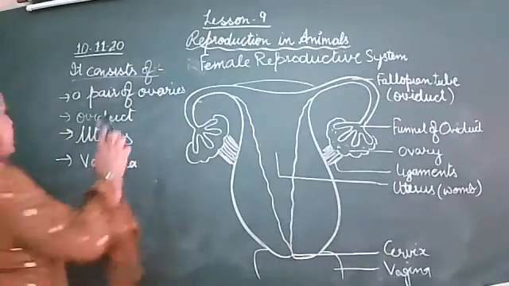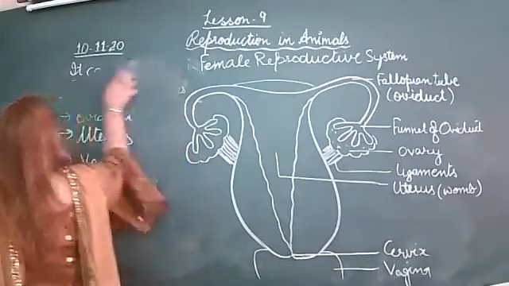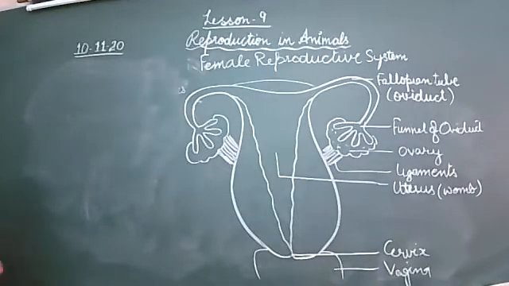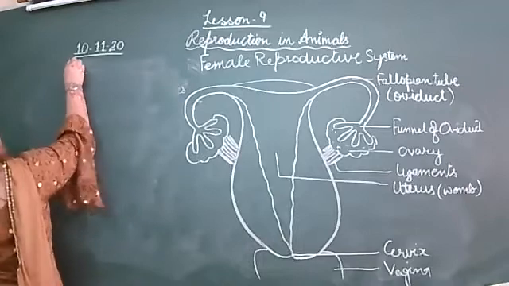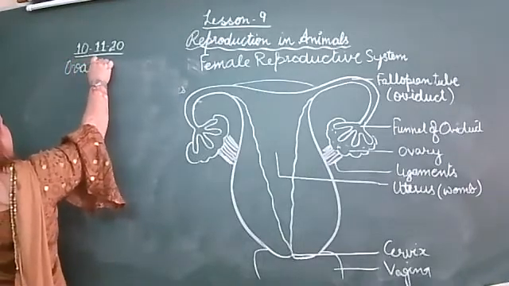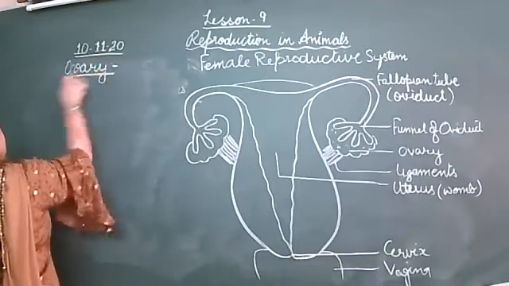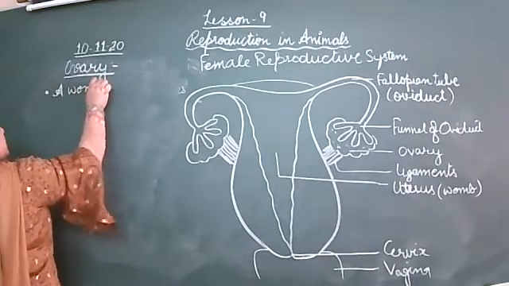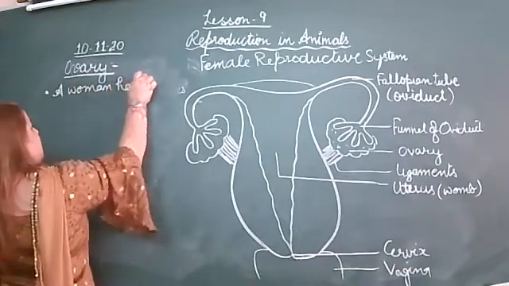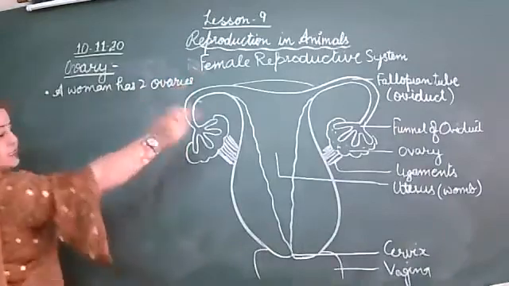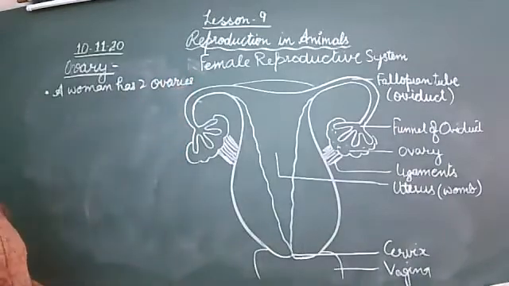Write down ovaries. First we will discuss the ovaries. A woman has two ovaries. You can see that on both sides ovaries are present.